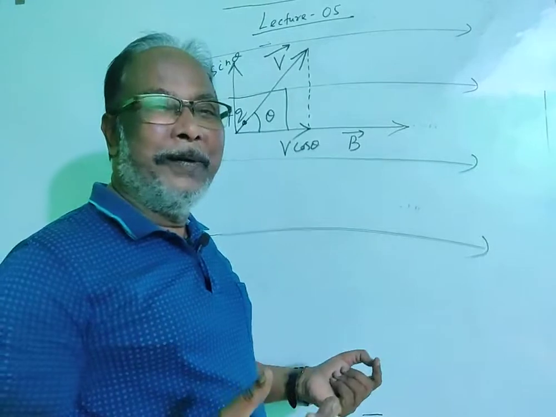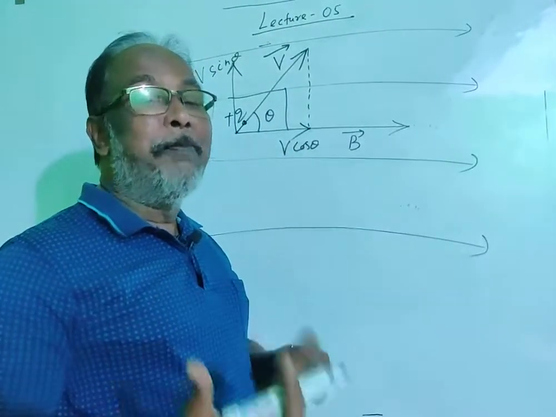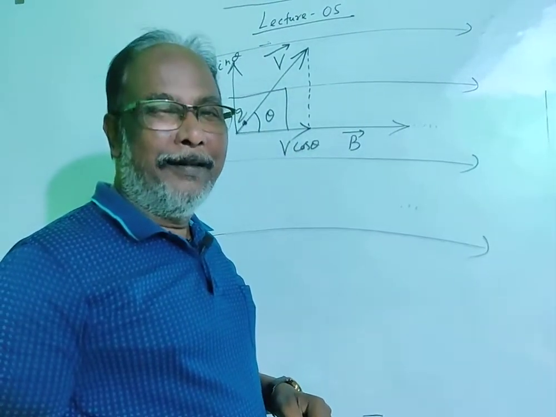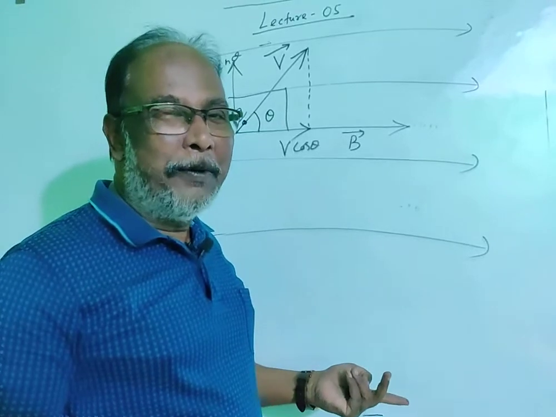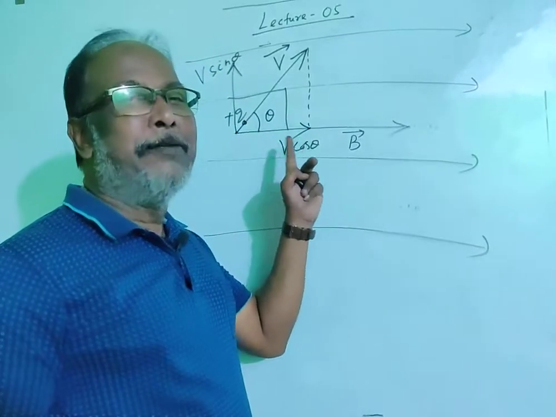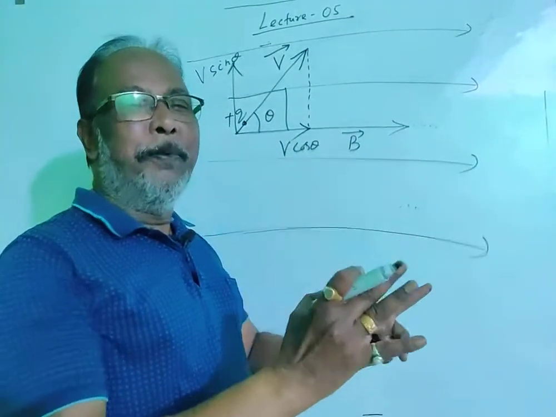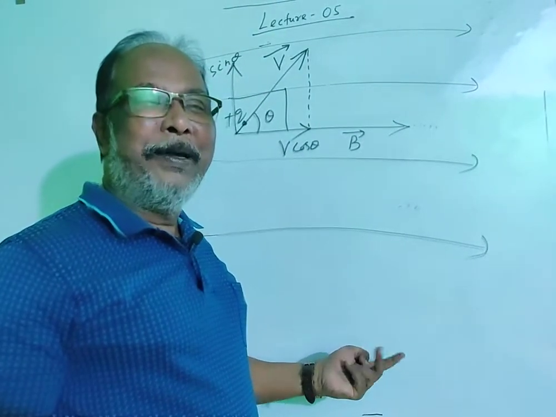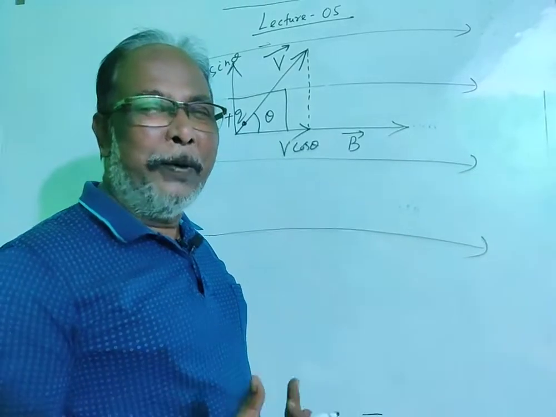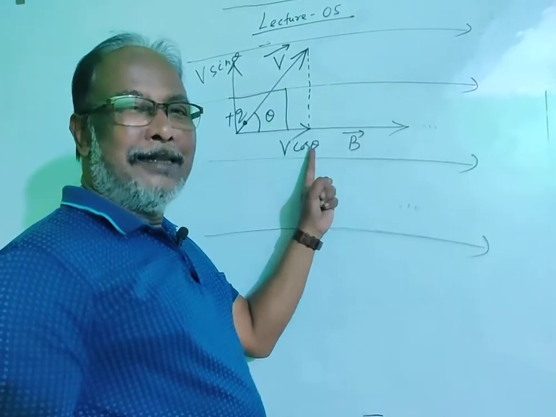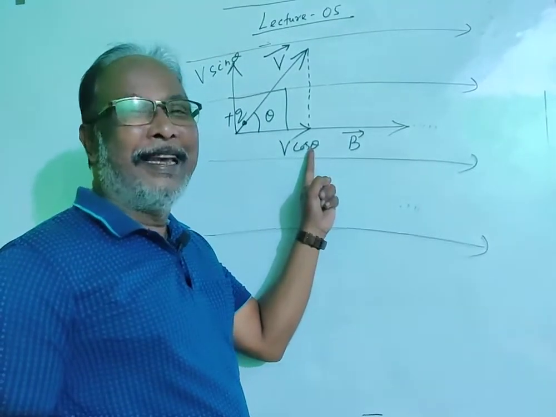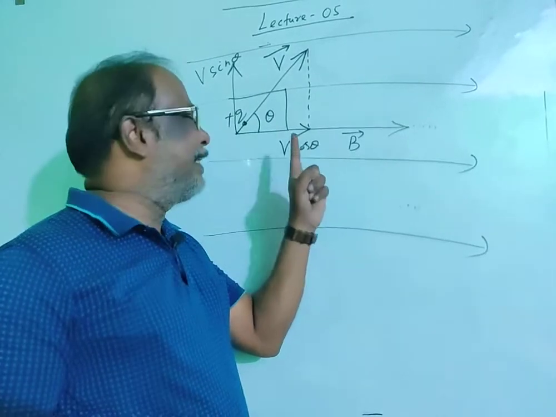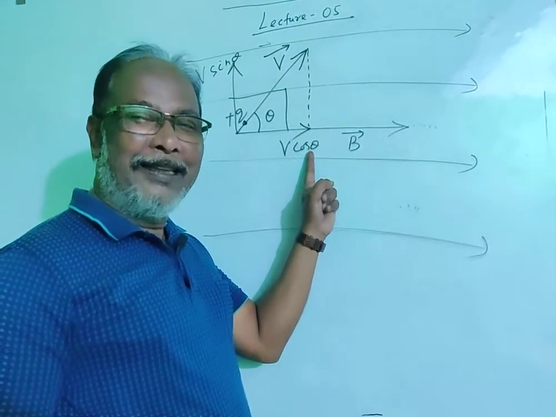v cos theta and magnetic field are parallel to each other. As we know, if velocity is parallel to magnetic field, then magnetic force is zero. So due to the component v cos theta, the magnetic force experienced by the charged particle is zero. If the charged particle experiences no force, then this velocity will remain constant.